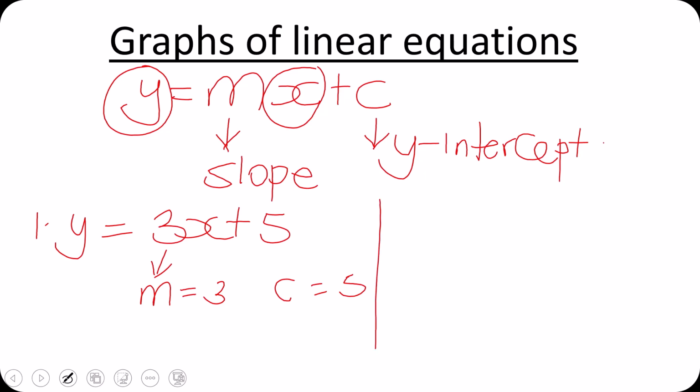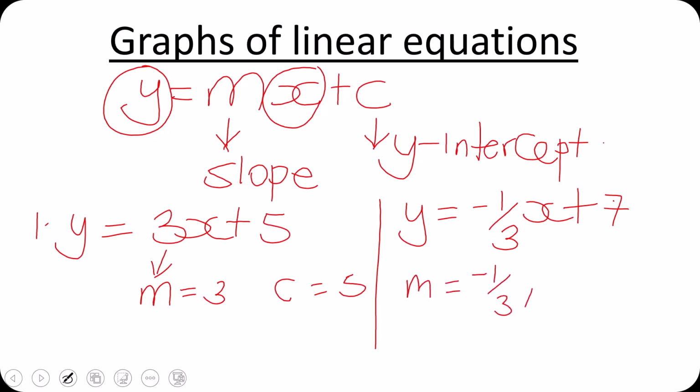Let me give you another example. We can have an equation like y is equal to negative 1 over 3 x plus maybe 7. So in this case, our m, which is the gradient, will be negative 1 over 3, and our c, which is the y-intercept, will be 7.